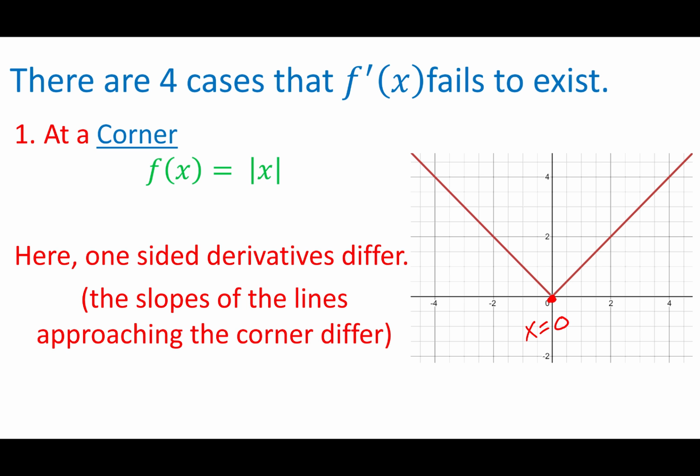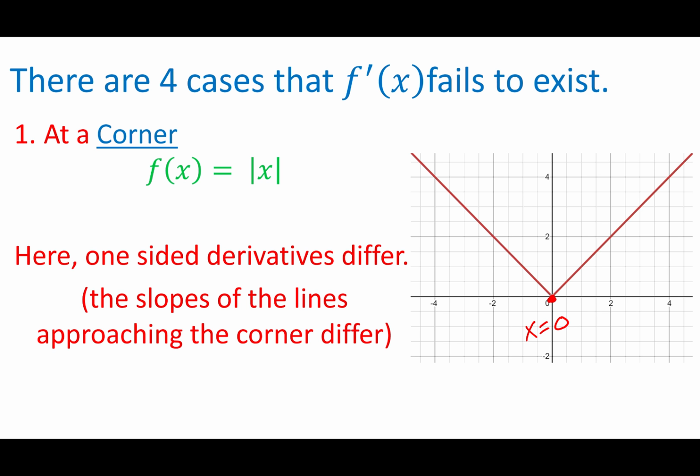Slopes of the lines approaching the corner differ. Okay, I have a negative slope as I'm approaching x equaling 0, and then I have a positive slope. Okay, so like limits, they have to be the same. Okay, these ones are not the same. I have a negative slope and a positive slope, so my derivative fails to exist at 0.